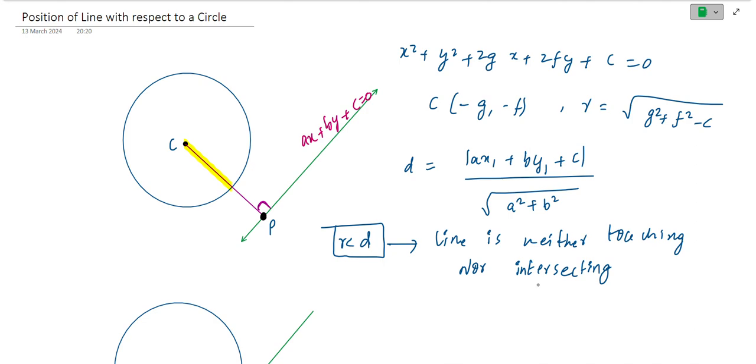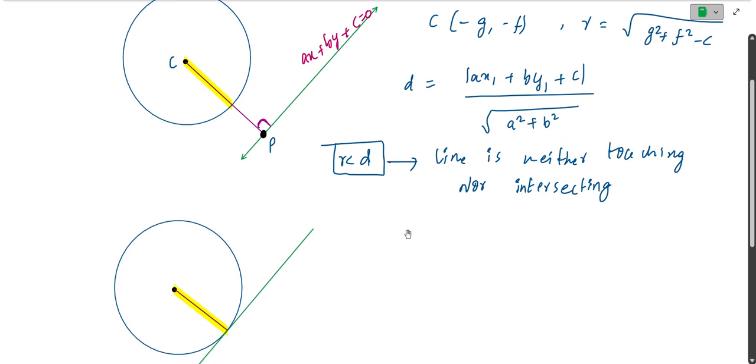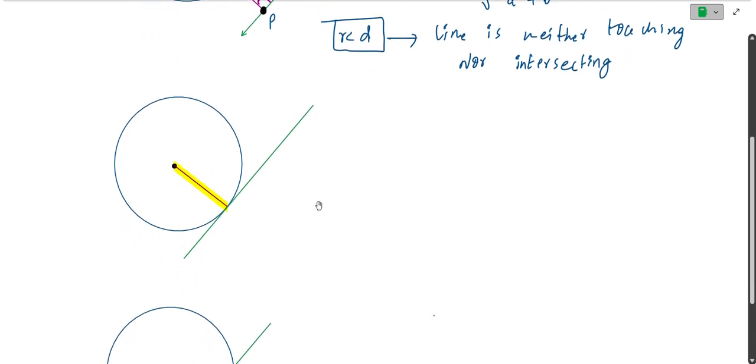I told you that one more condition is the touching condition. I have a diagram here. In this case, the distance between the center and the line, that is D, should be equal to the radius of the circle. We can sense that through the diagram: the highlighted part is the radius, and the distance between the center and the line is that thin line.